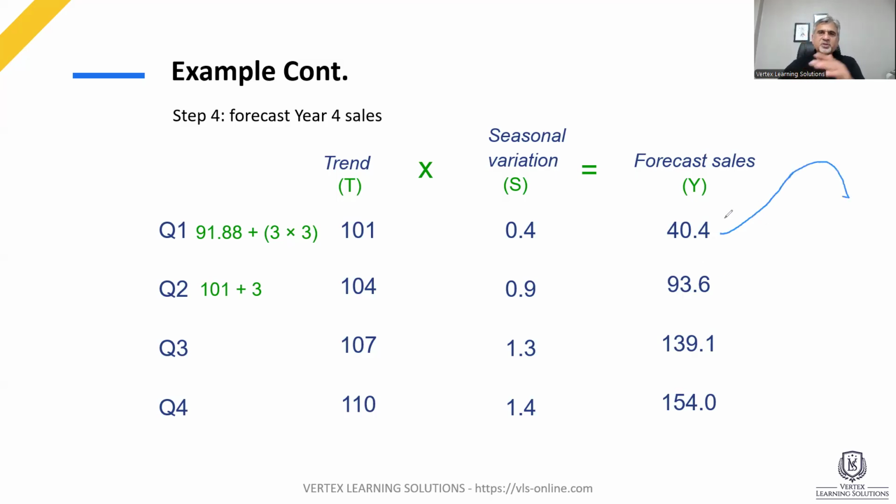So this is very much in line with what was happening in the past. So you have predicted these sales for each quarter in year 4 based on the data of the past 3 years, using the moving averages and multiplying the trend values with the seasonal variations, because there are some variations and we cannot ignore them.